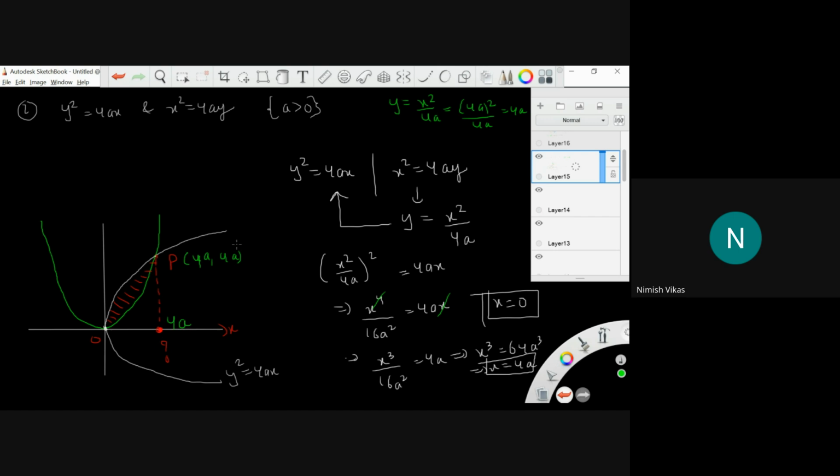Now this was one method. You solve them simultaneously to find the point of intersection. Also, notice one more thing. There is something special about these two parabolas. y square is equal to 4ax and x square is equal to 4ay. There is a special property which is shared between these two parabolas. Anybody tell this?